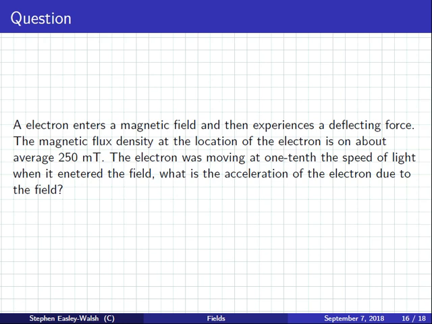What is Q? It's an electron, so just one charge, 1.6 times 10 to the minus 19. QVB.